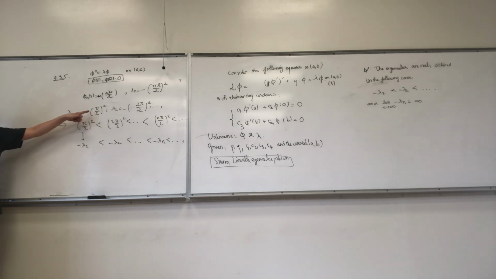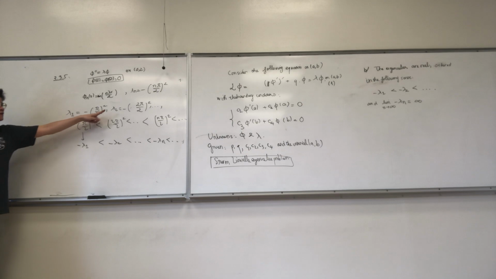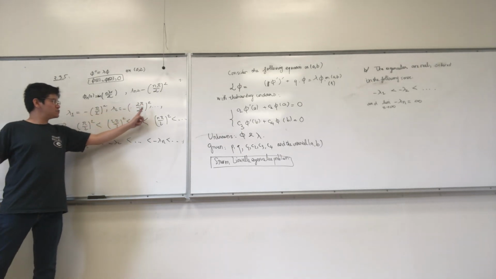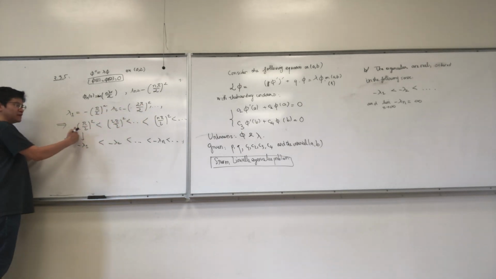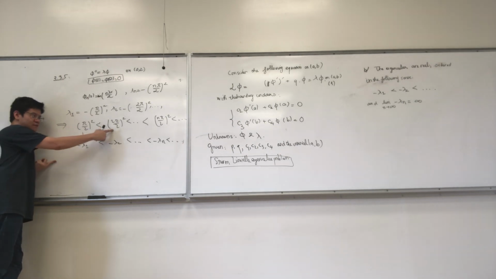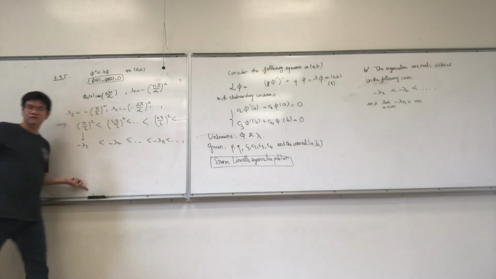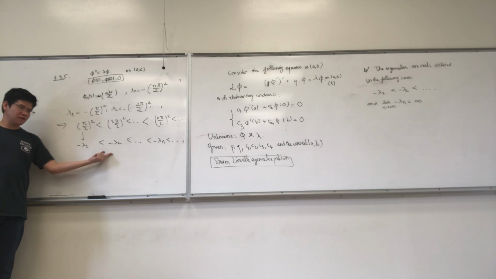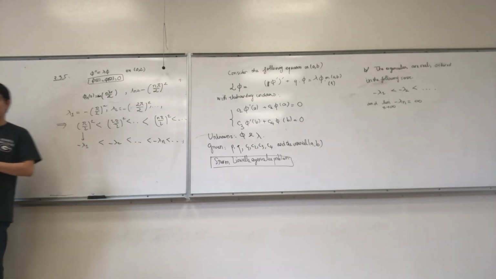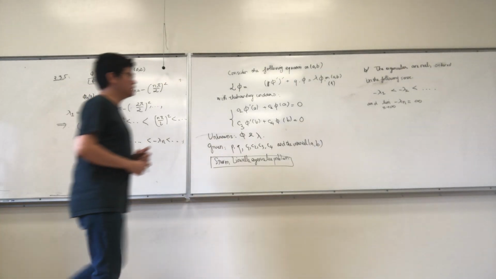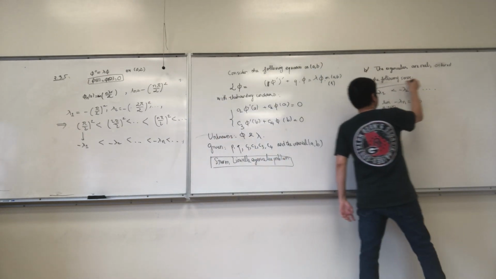Lambda 1 is minus (pi over 2) squared, lambda 2 is minus (2 pi over 2) squared. So if you take the minus, this is smaller than this, and this is smaller than this, which is exactly what we see here.